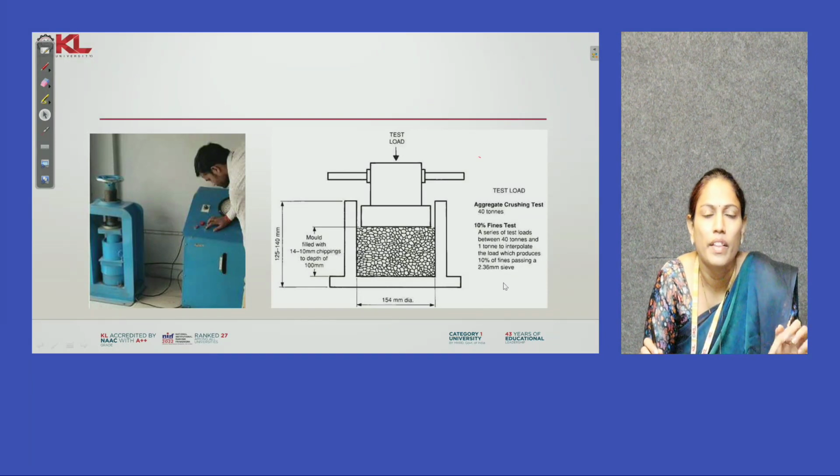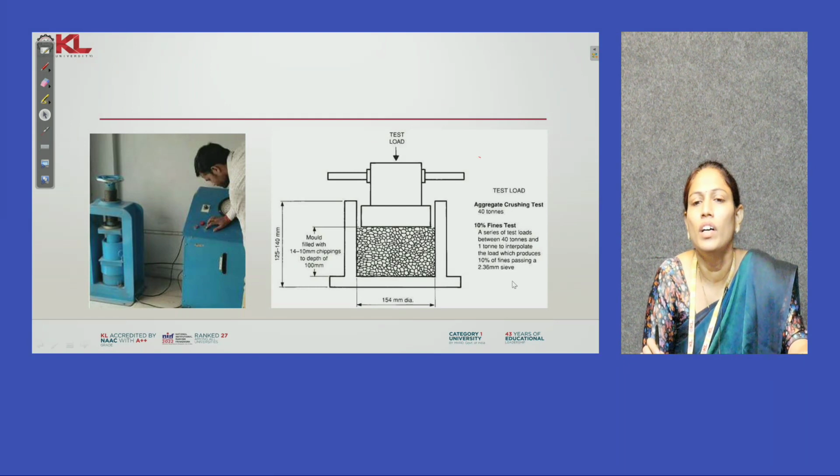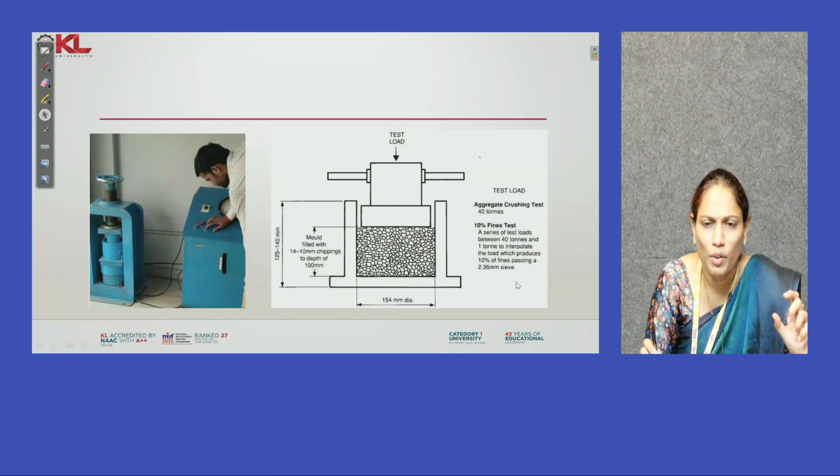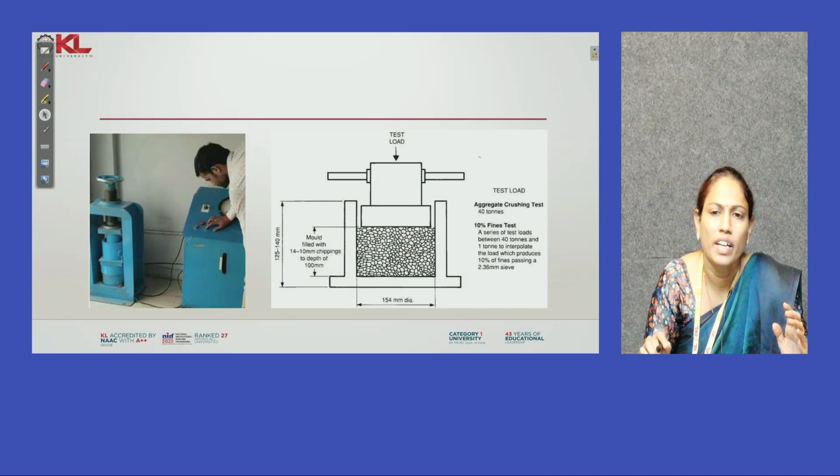Next, the testing load: the load is gradually applied on the aggregate, not like one aggregate. We are going to keep it with a certain depth of the aggregates, and then we can go for the strength of it. So the apparatus dimensions are already given on the slide, and the dimensions, height and the diameter of the plunger, everything has been given.